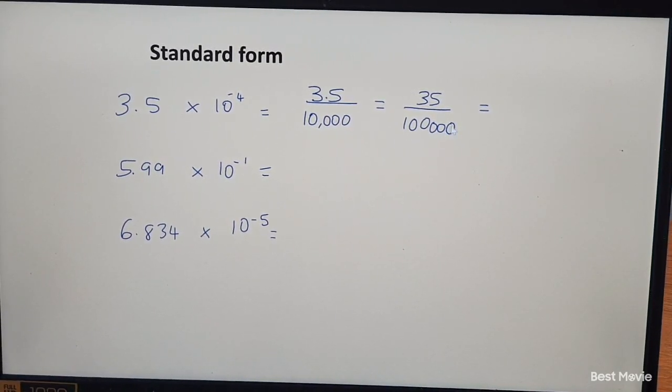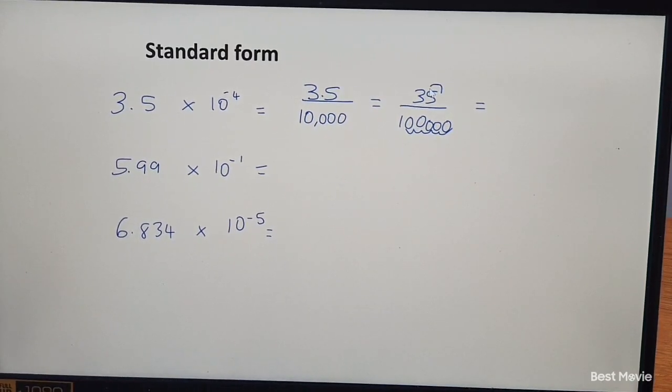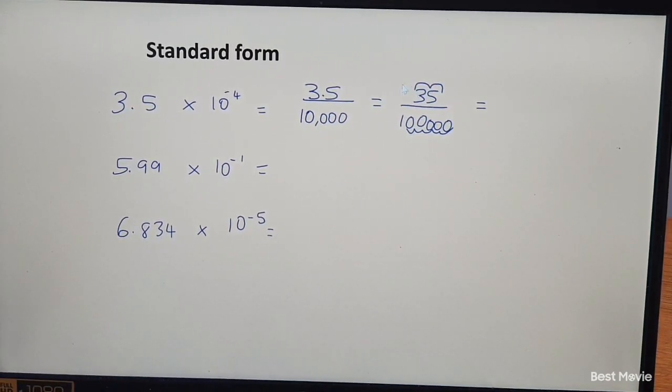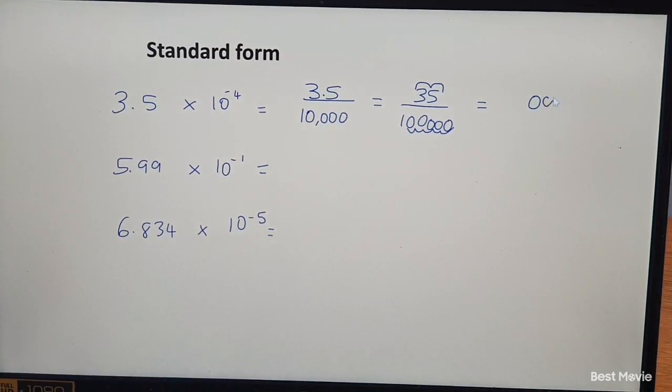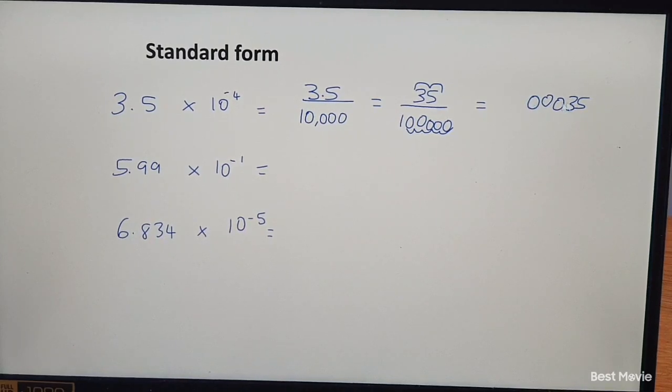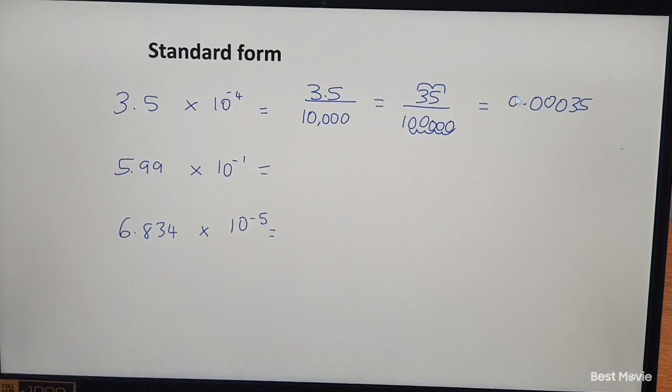So I need 5 hoops to get this denominator to 1. I'm going to need 5 hoops from the 35. So 1, 2. So that means I've got 3 zeros in front of the 35. So 1, 2, 3. Okay, so there are my 5 hoops. 1, 2, 3, 4, 5.